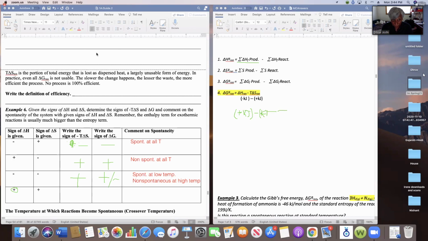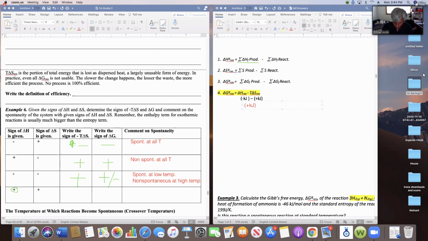Sorry, not very good at writing this way. It's going to be positive kilojoules for delta H. Delta H is going to give us positive kilojoules.